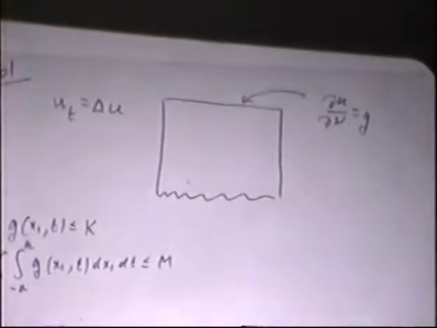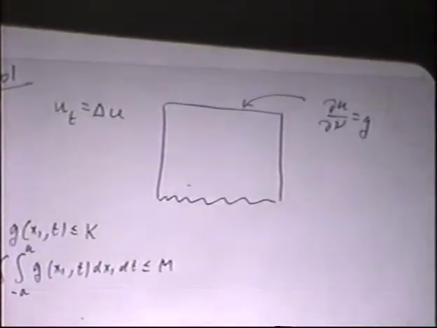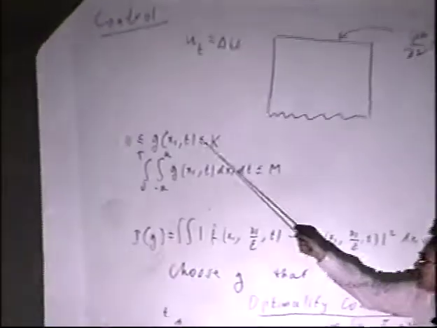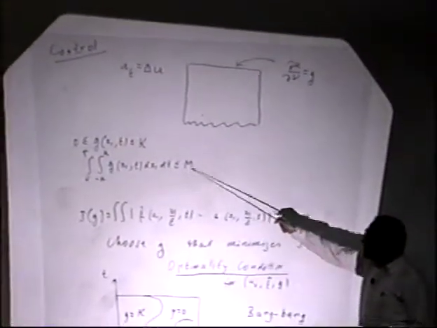We're given a flux g, and the variable g is not arbitrary. There are limitations. It's always non-negative, but it cannot be bigger than some constant k. There are mechanical limitations. And the total integral of g, say, is bounded by m. The amount of total flux that we want to put in, we know to begin with that we are not going to put more than a certain amount because we don't want it to be too thick.